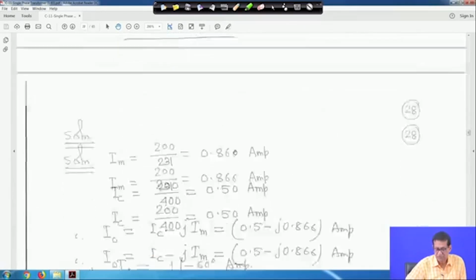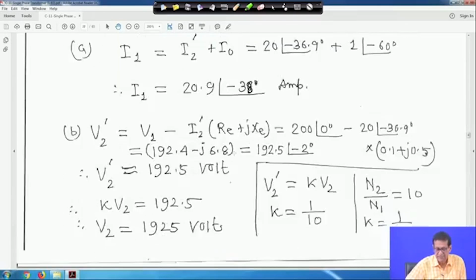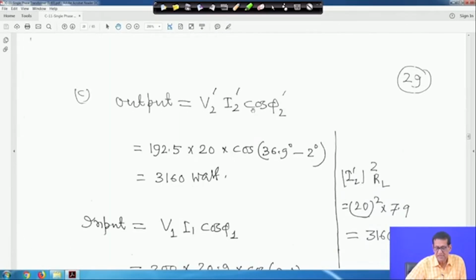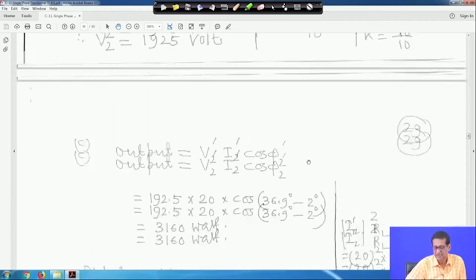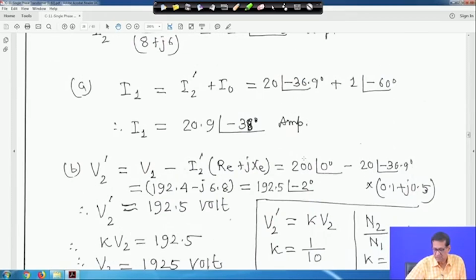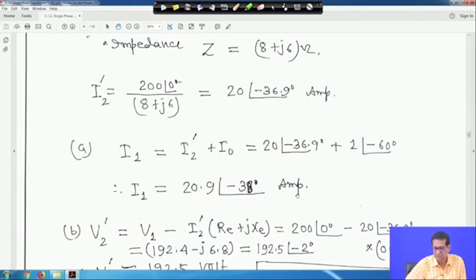So V2 dash I2 dash cos phi 2: V2 dash is 192.5, I2 dash is 20 magnitude, and the angle of I2 dash is 36.9 and V2 dash was minus 2 degree. Here V2 dash is minus 2 degree, and I2 dash is minus 36.9 degree.